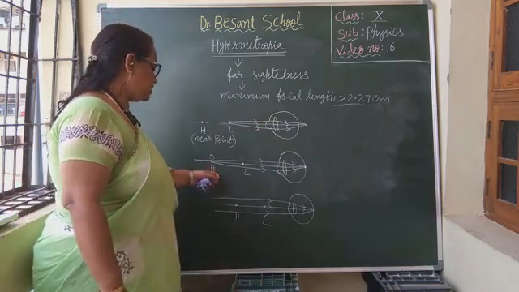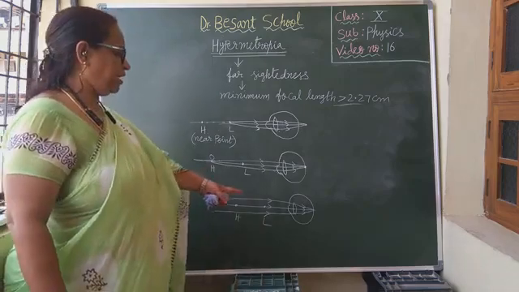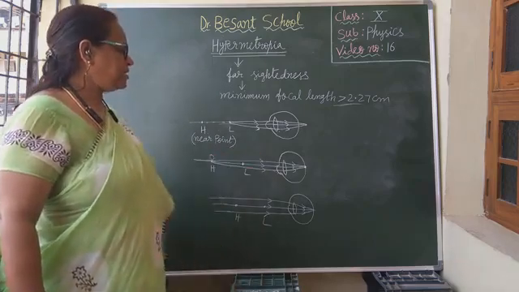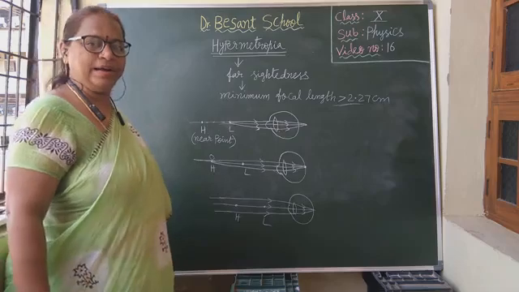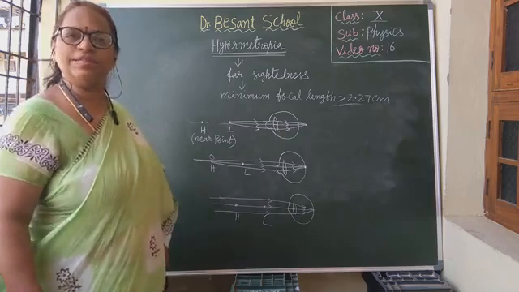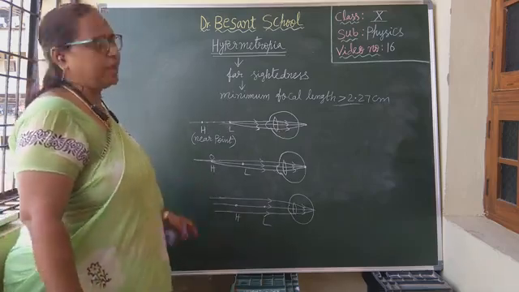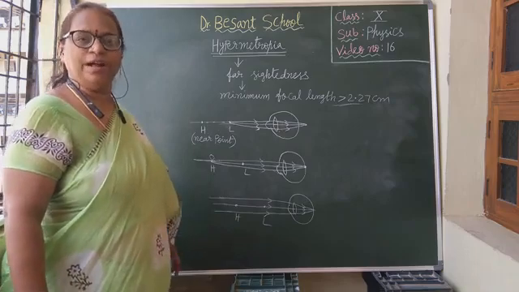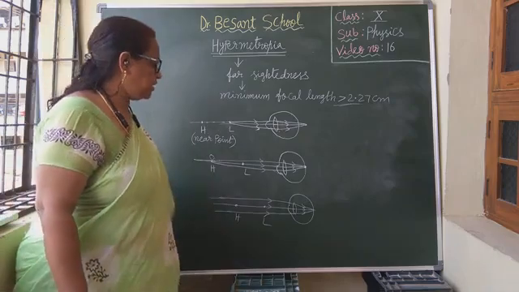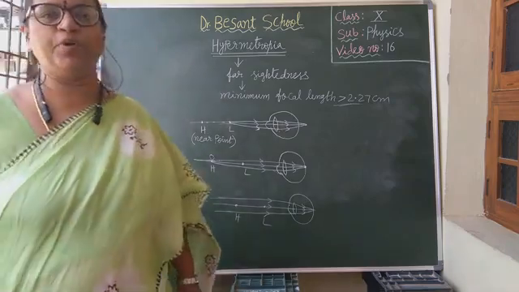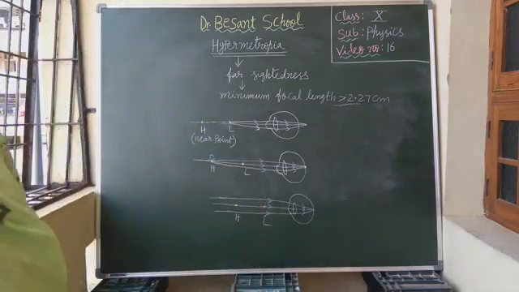Whereas from H anywhere up to infinity, the image is forming exactly on the retina, so the person can see the objects clearly. This is about the hypermetropia defect. Am I clear, children? You all should draw these diagrams, which is very, very important. Please draw.